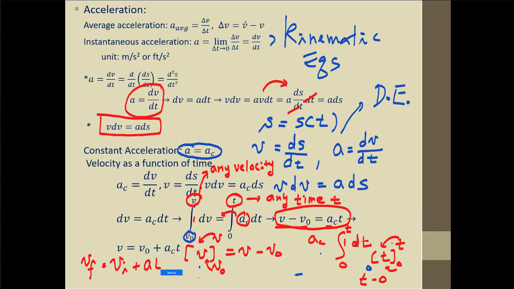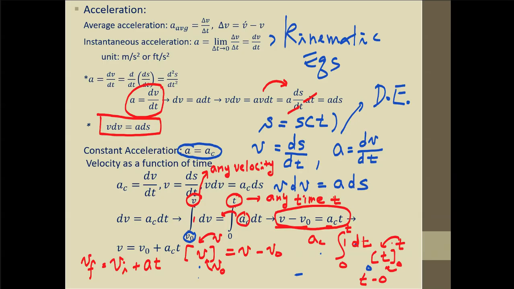Remember? The kinematic equation, physics kinematic equation. So v sub 0 is initial velocity. v is velocity at any time t. We can evaluate velocity at any time t, at any instant, using this function. So therefore v is instantaneous velocity.